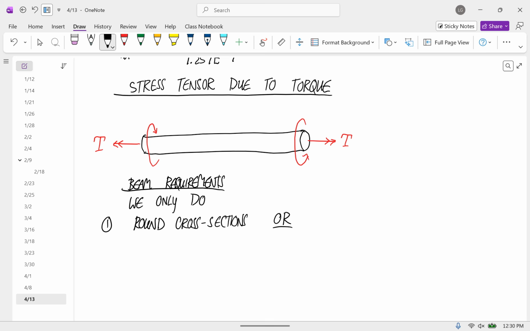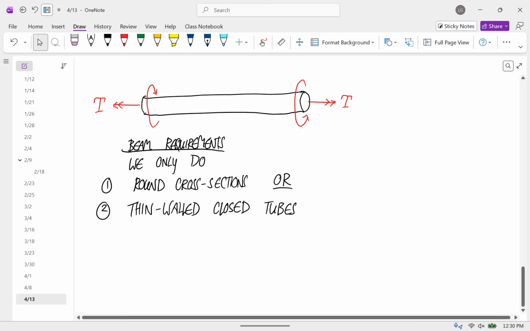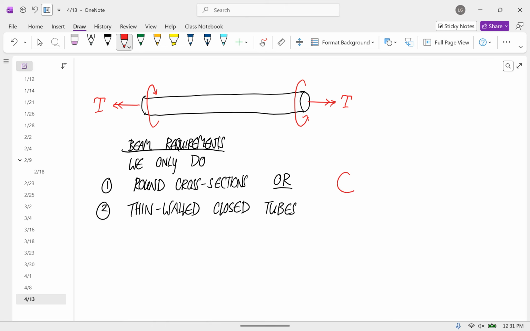Or the only other option is thin-walled closed tubes. Well, you wouldn't have thought of this in a million years, that this would be an option. And this is something that comes up in engineering a fair amount, so this is pretty helpful. So round cross sections, you could do solid circular cross sections, or you could do hollow circular cross sections. Either one of those is fine.